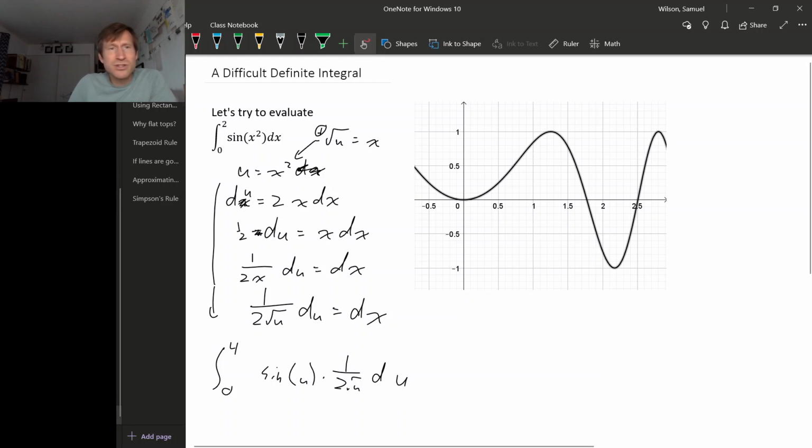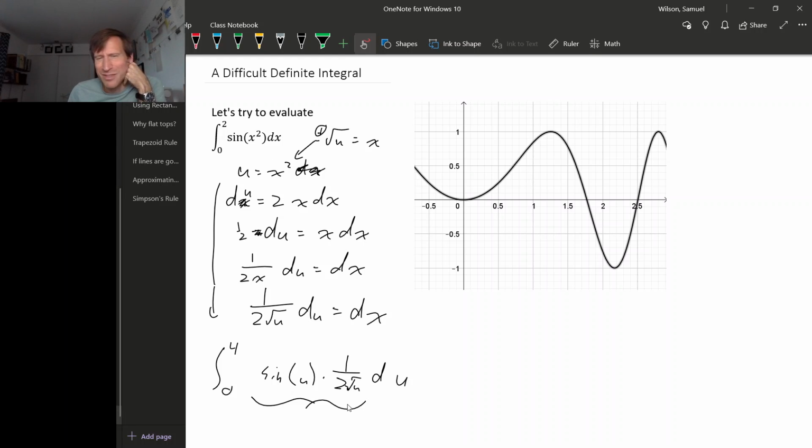So this substitution worked in that we turned all the x's into u's, but now we have to figure out how to evaluate our new integral. And this new integral doesn't look any more doable than the old integral.